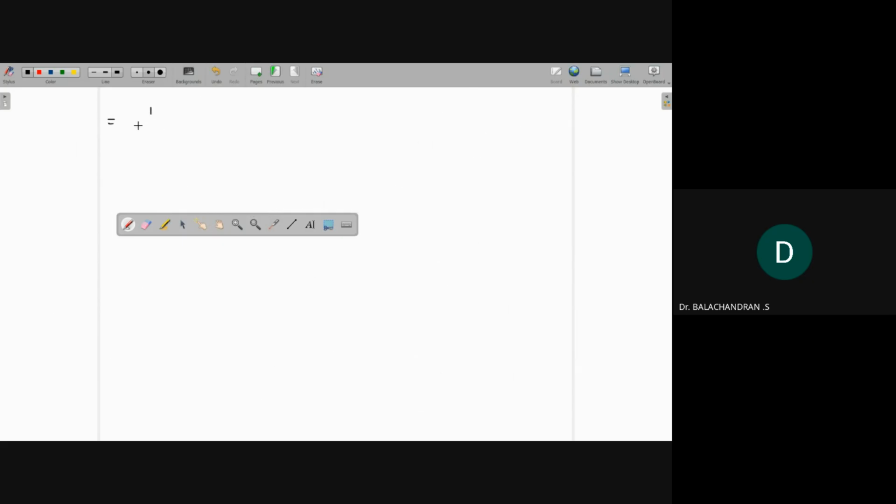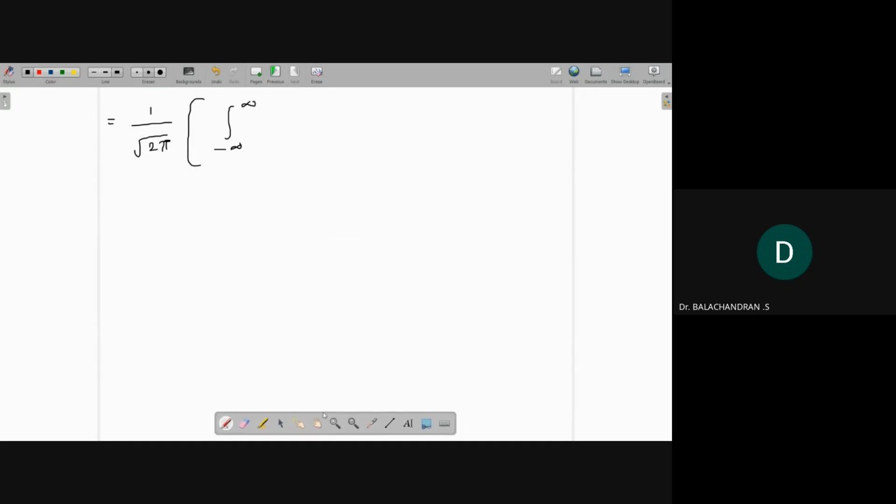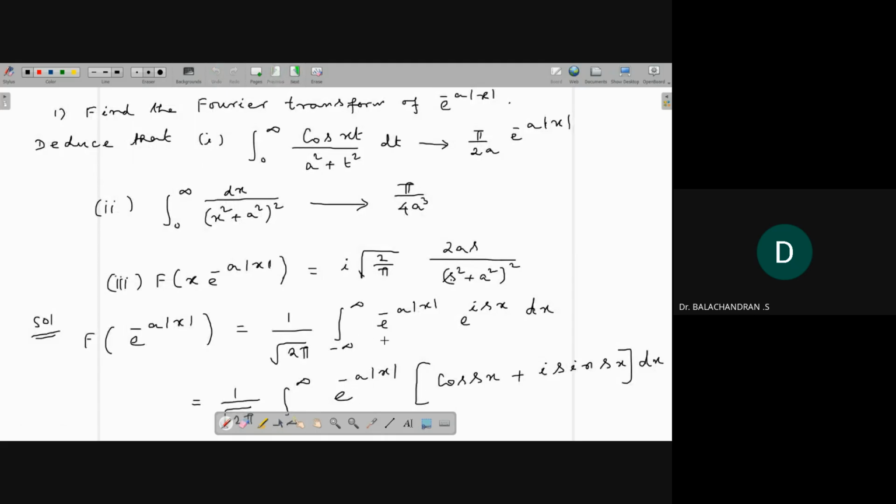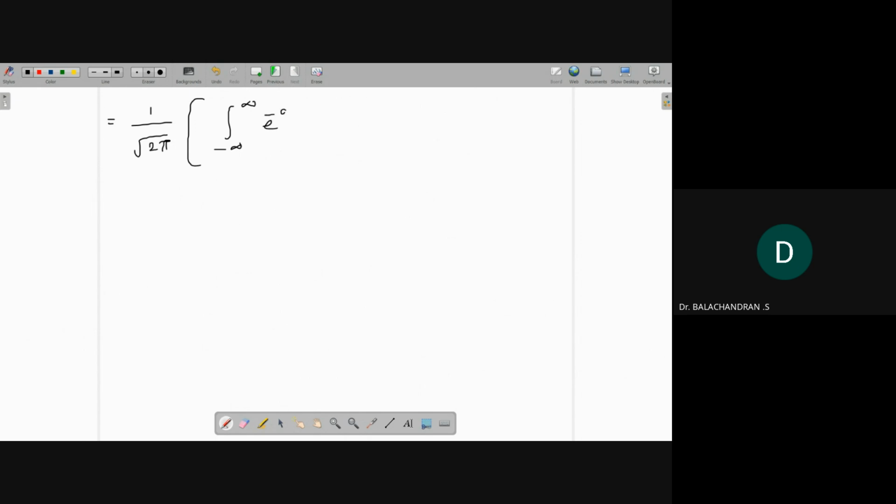It is equal to 1 by root 2 pi, the integral of e power minus a mod x into cos sx dx plus i into the integral from minus infinity to plus infinity of e power minus a mod x into sin sx dx.